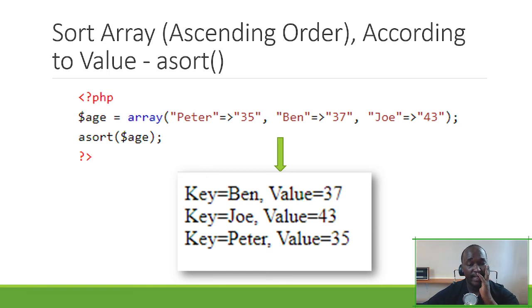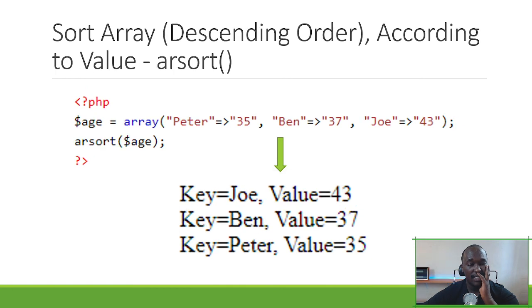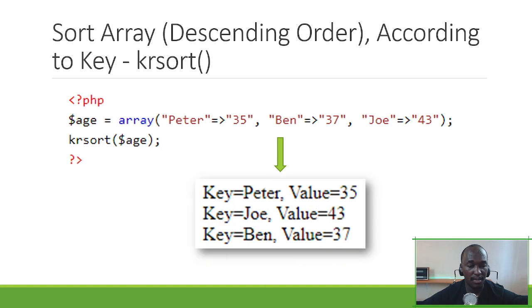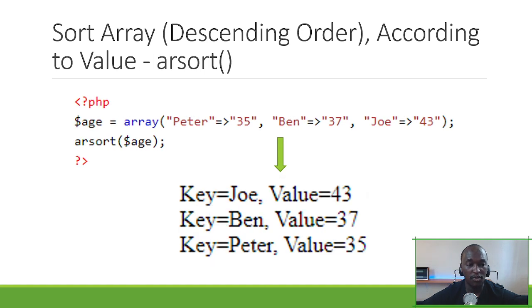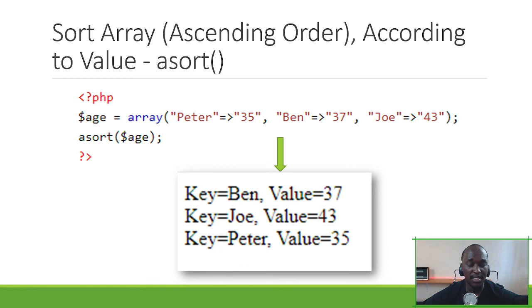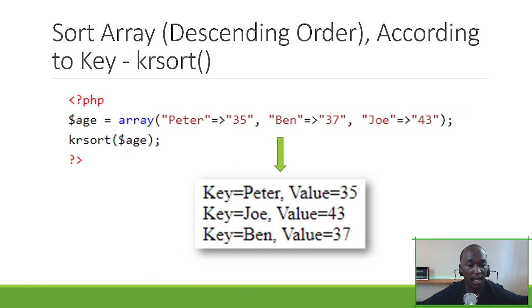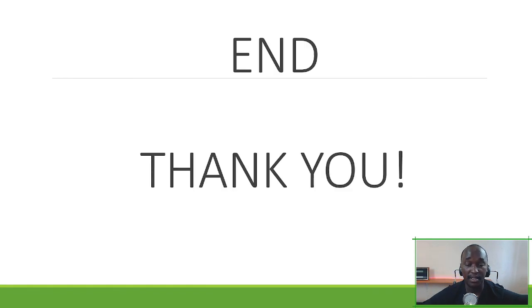So you might need to have a look at that again on your own. Please do so because they are not correct. When you have time, look at asort, ksort, arsort, and krsort. Then I'll try and rectify. I think I might have mixed up a little bit when I was doing these slides.